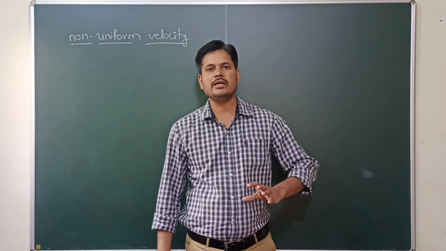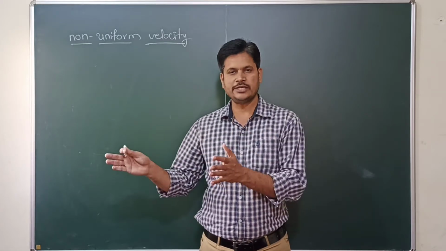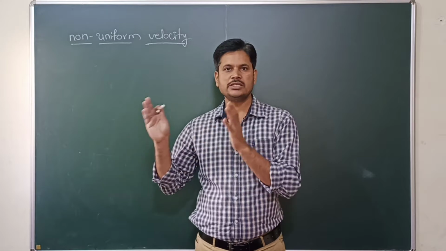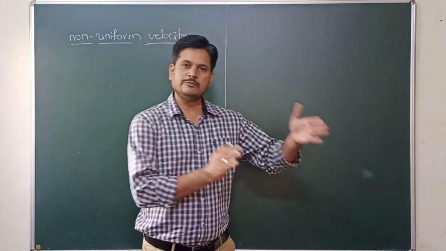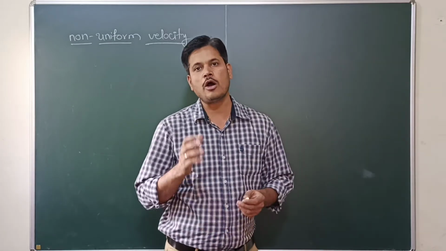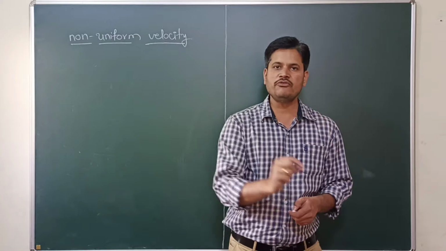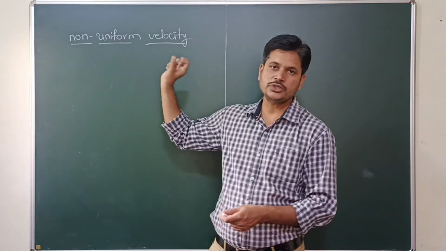Uniform motion is when equal displacement takes place in equal intervals of time. If equal displacement takes place in all the equal intervals of time, the object is said to be in uniform motion. Now we are going to discuss non-uniform motion.